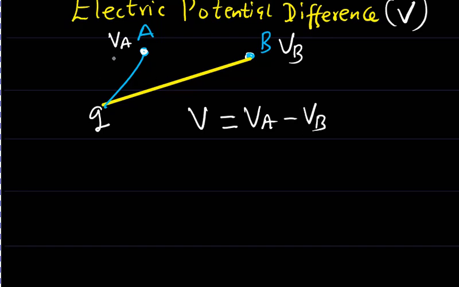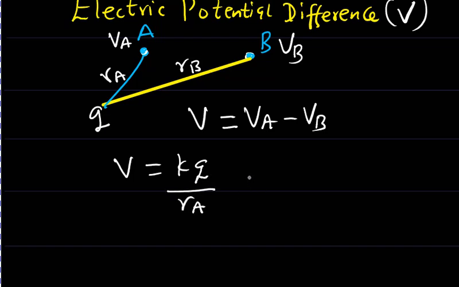If the distance for A is RA and the distance for B is RB, potential difference is going to be KQ divided by RA minus KQ divided by RB.